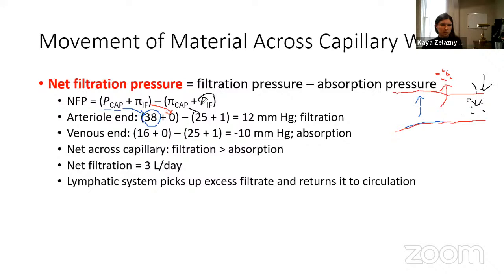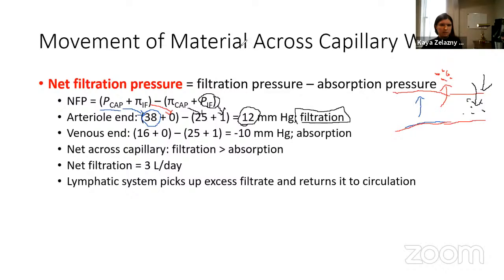That's our pressure IF. Again, real small, but it could change if we start to see swelling, if we start to see increases in the amount of interstitial fluid there. So if we do that equation overall, 38 plus 0 minus 25 plus 1, so minus 26, we got 12 millimeters mercury for filtration.